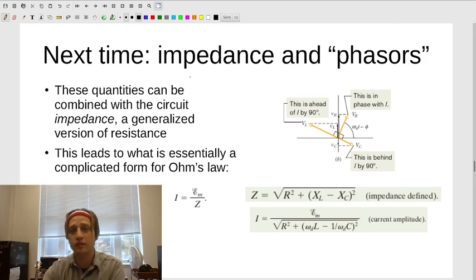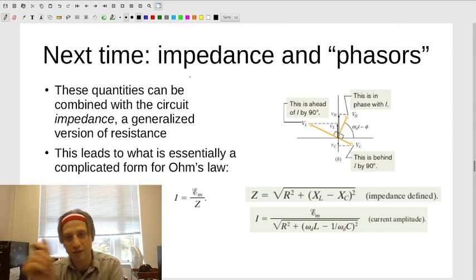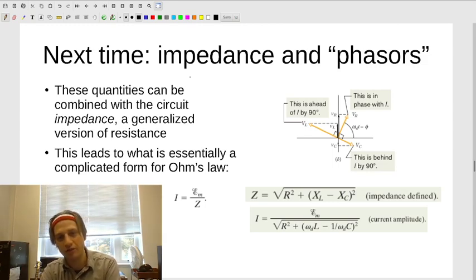So they have developed an entire math framework for dealing with them, and essentially it's transferring the problem of adding sinusoidal functions that are offset in phase to adding vectors. Those vectors they call phasors, and they do this with complex numbers, and I don't think that we need to master that in this course.